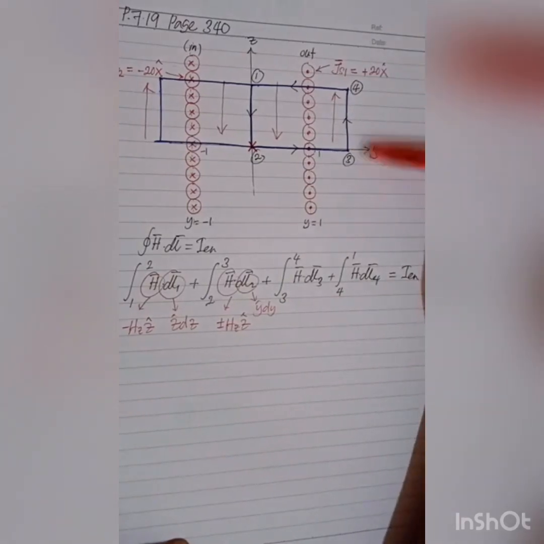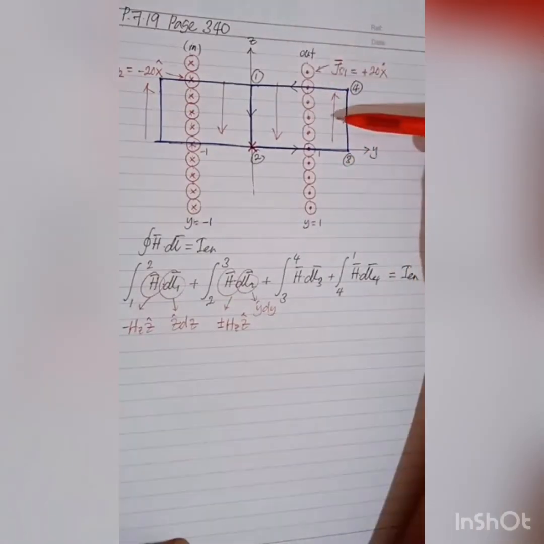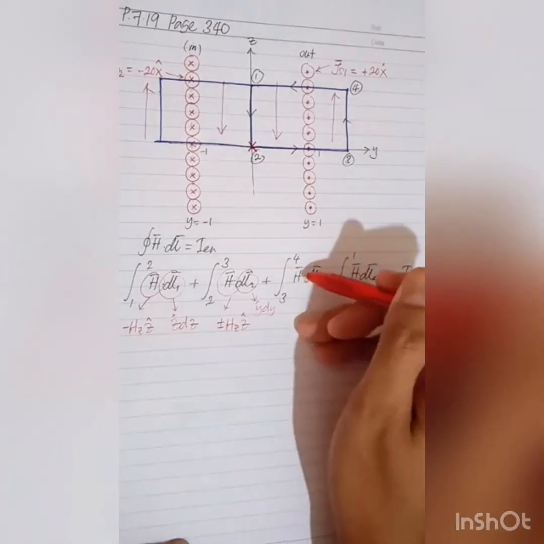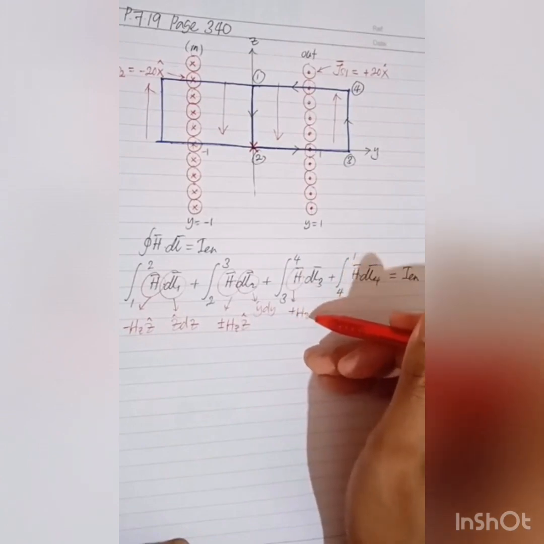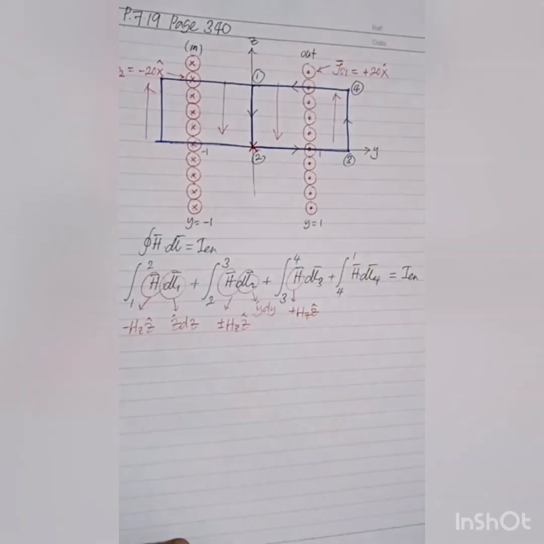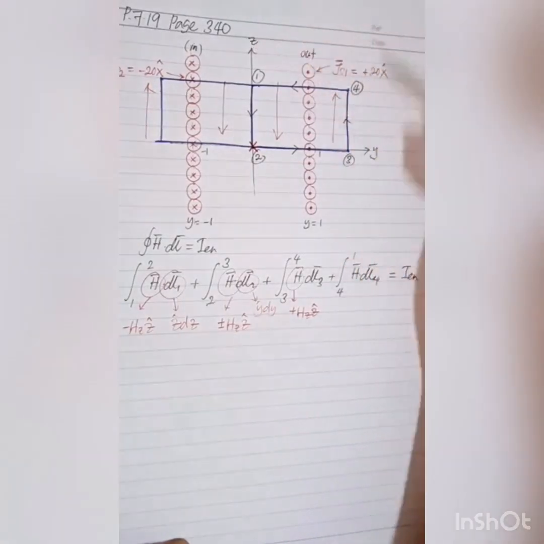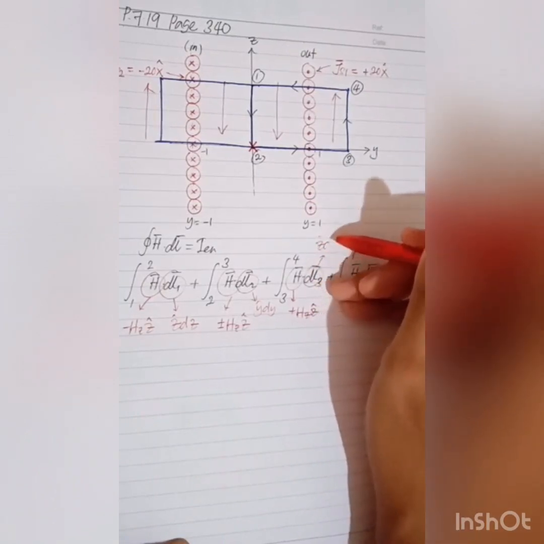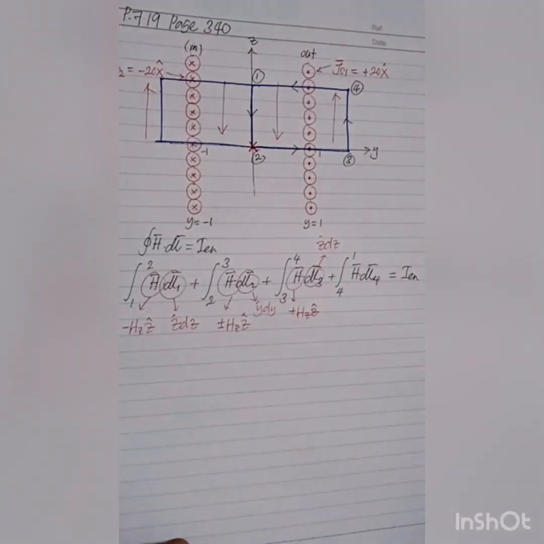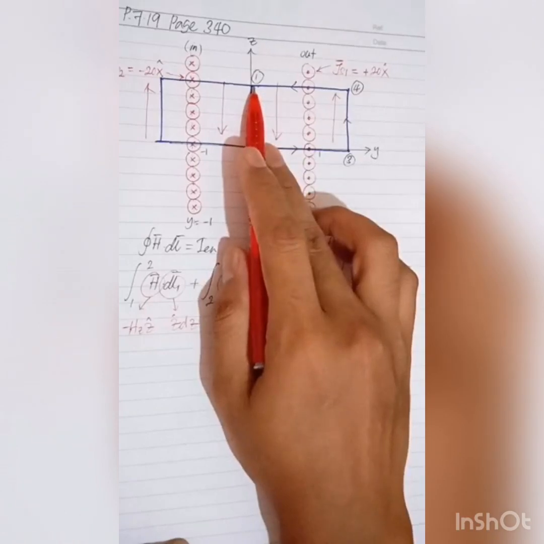Okay, now let's do the next part. Now the path from 3 to 4, this region, the only H field that appears is in the positive H z direction, so we can simply change this H to positive z directions, and again the path here lies along the z axis, so you can simply put dz. And the last path, from point 4 to point 1, again this path covers two regions.